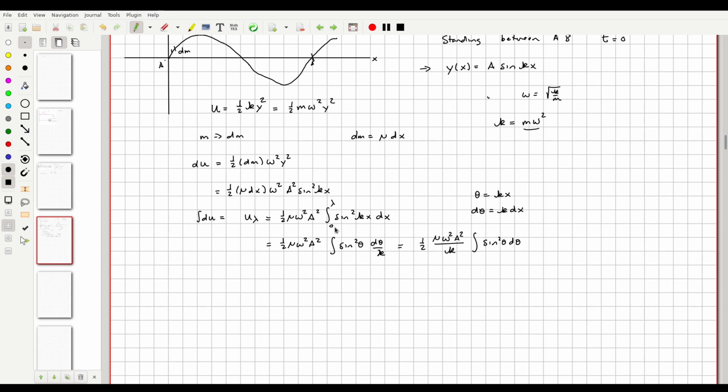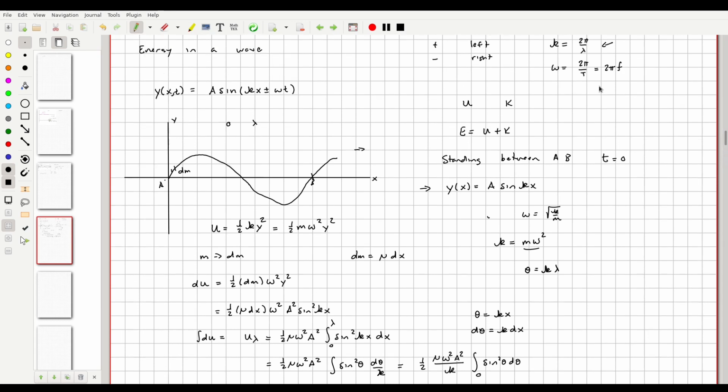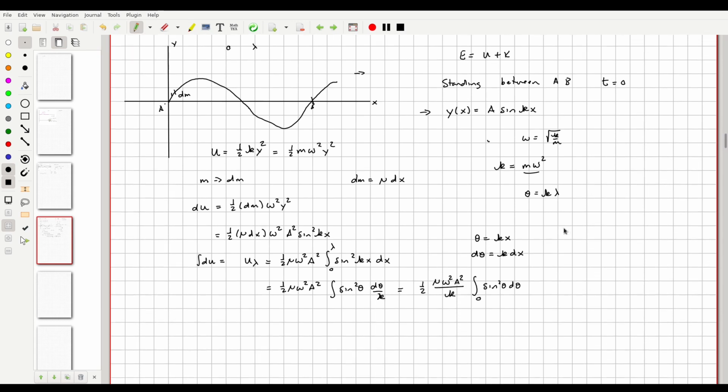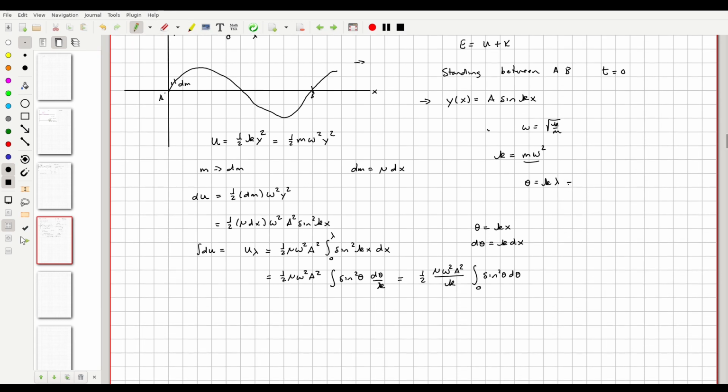When x is equal to 0, theta is equal to 0. And when x is equal to lambda, theta is equal to k times lambda. But look, k is 2 pi over lambda. So when you do this multiplication, this is just 2 pi. So this is the integral that we have to do.